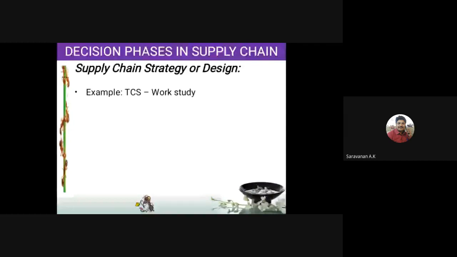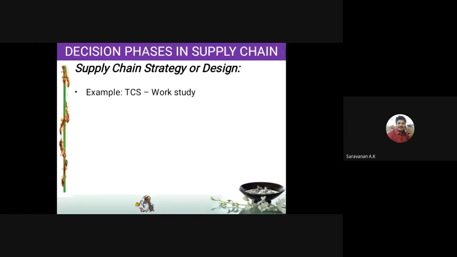For example, the TCS will forecast what projects will come for the year 2021, and how many persons have to be included, how many persons are required. Based on that only they will calculate the number of students required, and based on that only they will recruit. While calculating how many engineers are required, they will assume that an engineer will work a minimum of 8 hours per day.